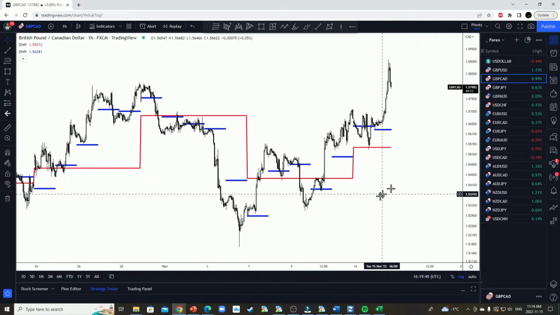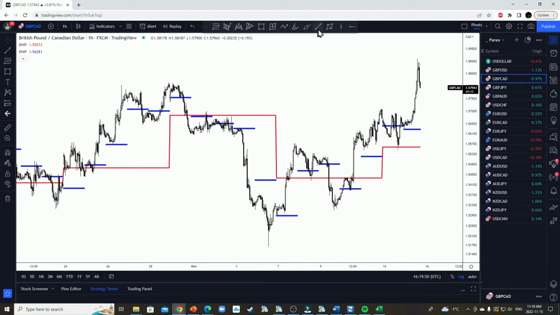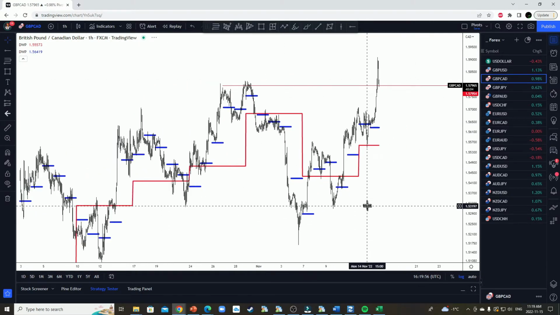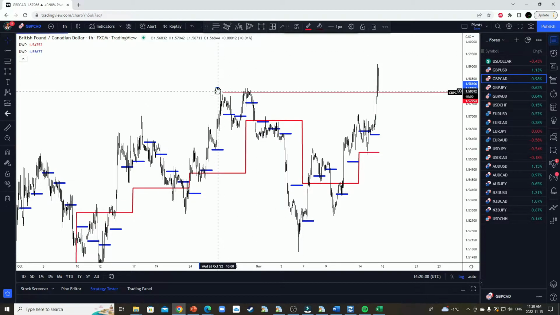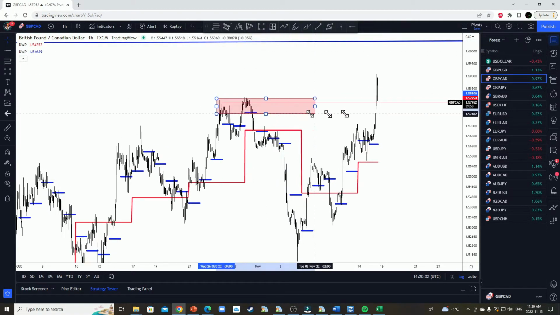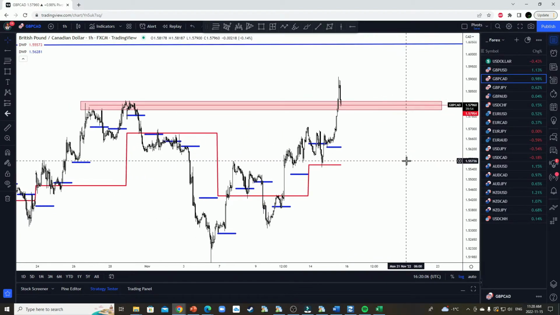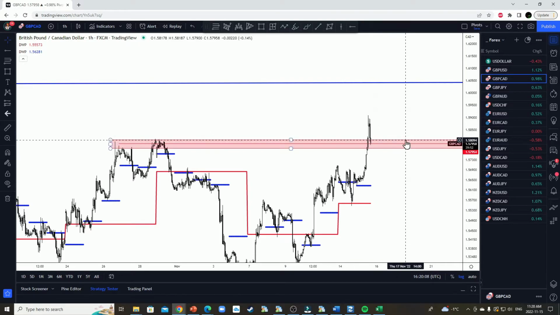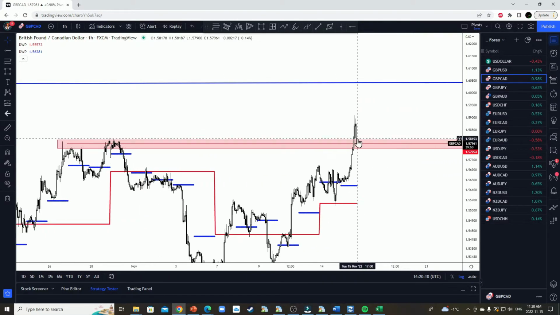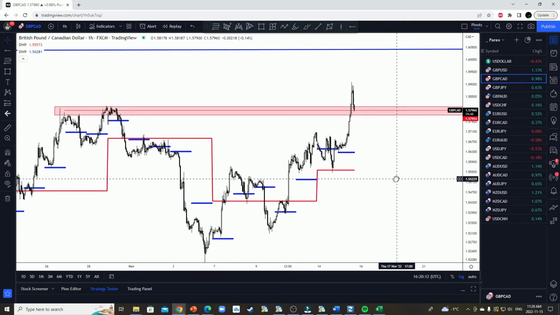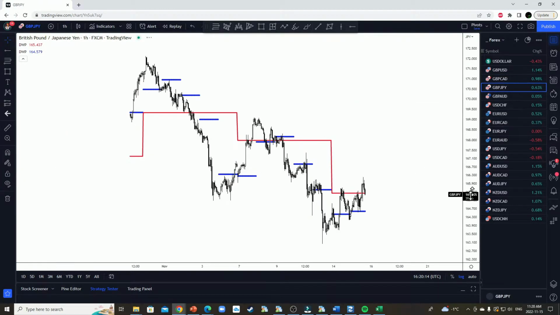So this one I'm not too worried about, especially with the fact that we're close to this zone here, which was a previous high, which now would act as some type of support. Let me just hold this. So right now it's testing that support, and I'm expecting price to go there. So this one I'm not too worried about.